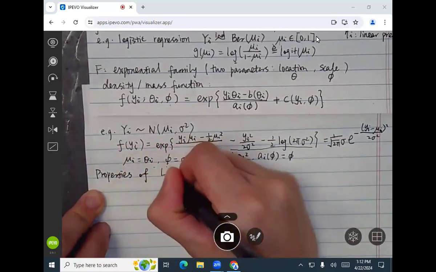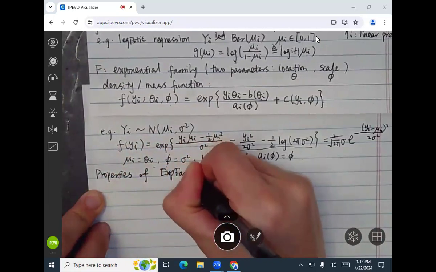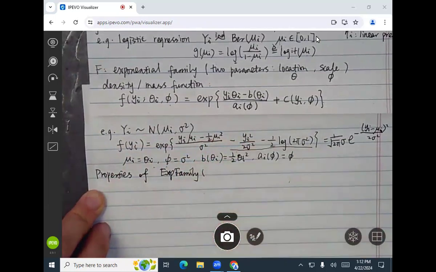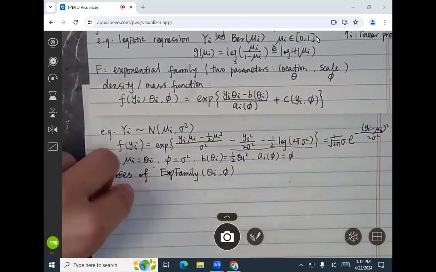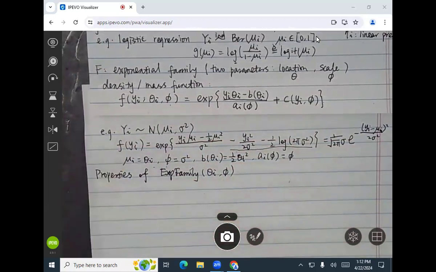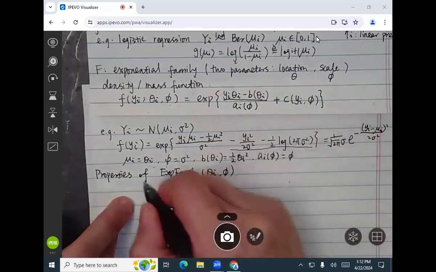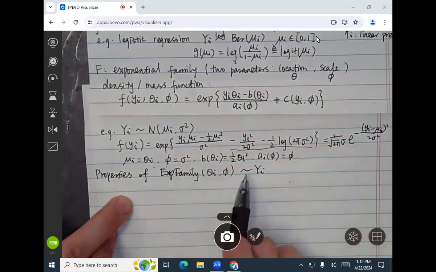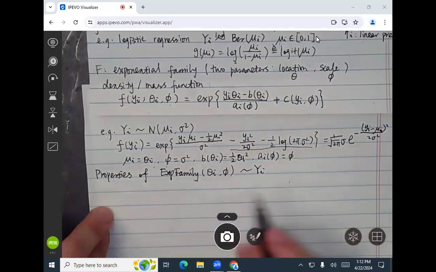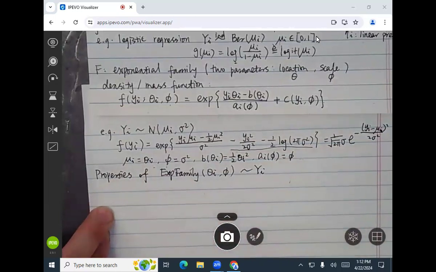Properties of this exponential family with two parameters, theta i and phi. What properties do we have? If yi follows this distribution, then we directly have the closed form expression for the expectation and the variance of y.